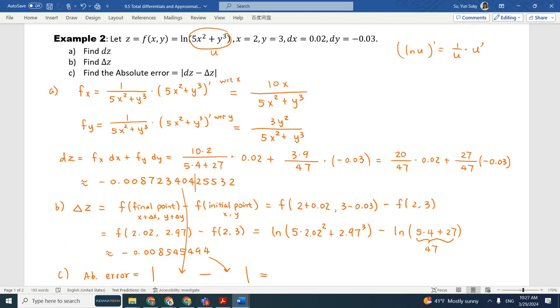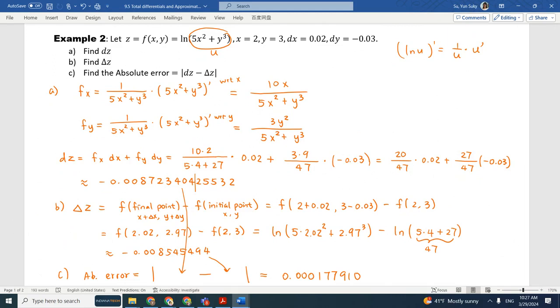Instead of copying down the long digits again, just put arrows. This minus that. What did you get? Positive. Yes, everybody? That's it.